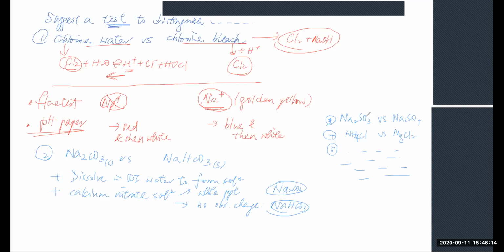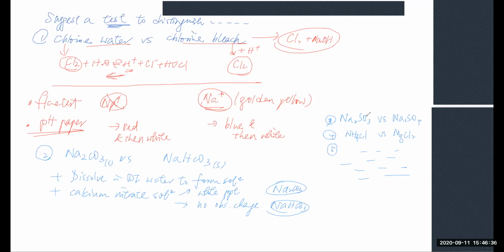Once I add acid, let's say bench acid of 1 molar, chlorine gas will start to form. That's why you are reminded many times to never mix acidic substances with chlorine bleach, because they will form chlorine.